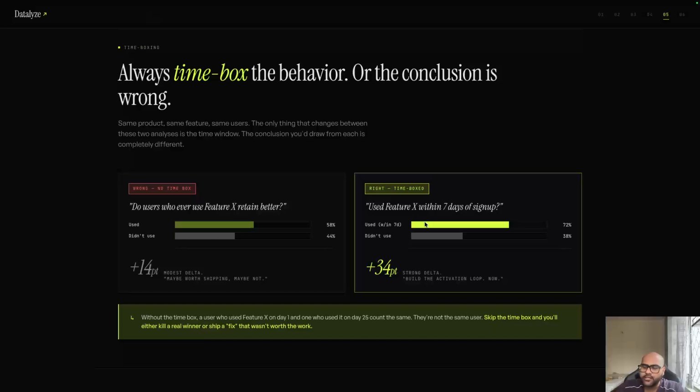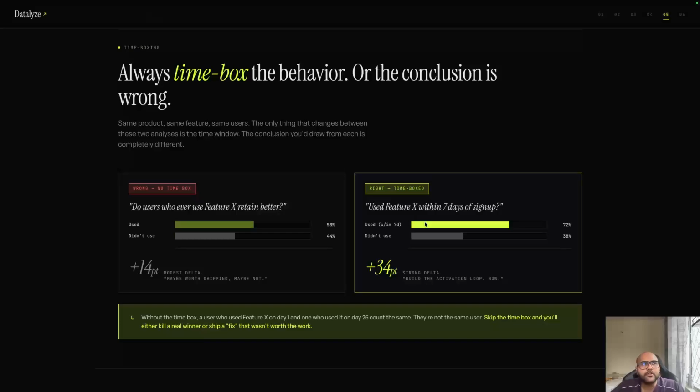And the reason for that is because now you have a very definite behavior to even impact. So even if you want to make changes on or push users to use a feature within 7 days of sign up, that's much more concrete for the product team or for you to think on how to do it, compared to just saying, oh, how do we push more users to do feature X, anytime after sign up.